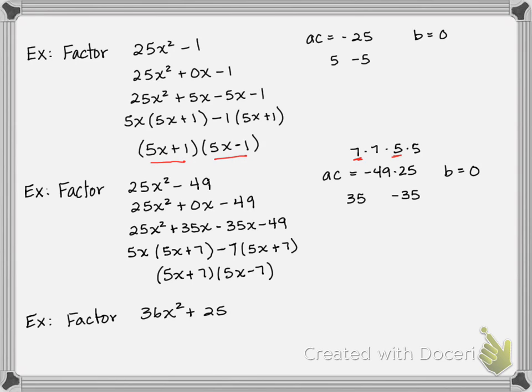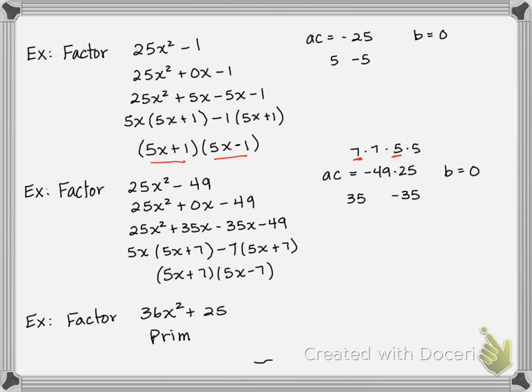If we did 6x plus 5 times 6x minus 5, that would give us a negative 25. So that's why we have to be so careful. When you do it the long way, you notice when it's prime. If you use the shortcut, you have to know exactly when it factors and when it doesn't so that you can say it's prime.